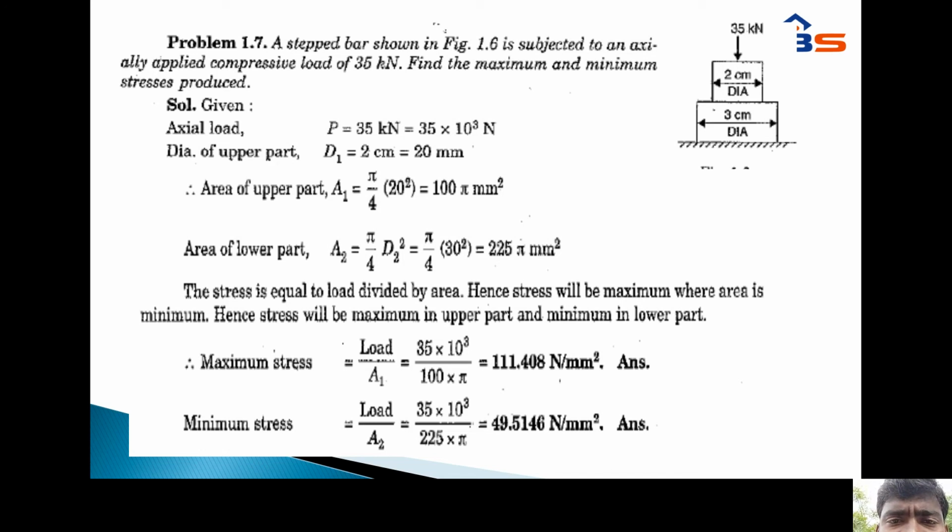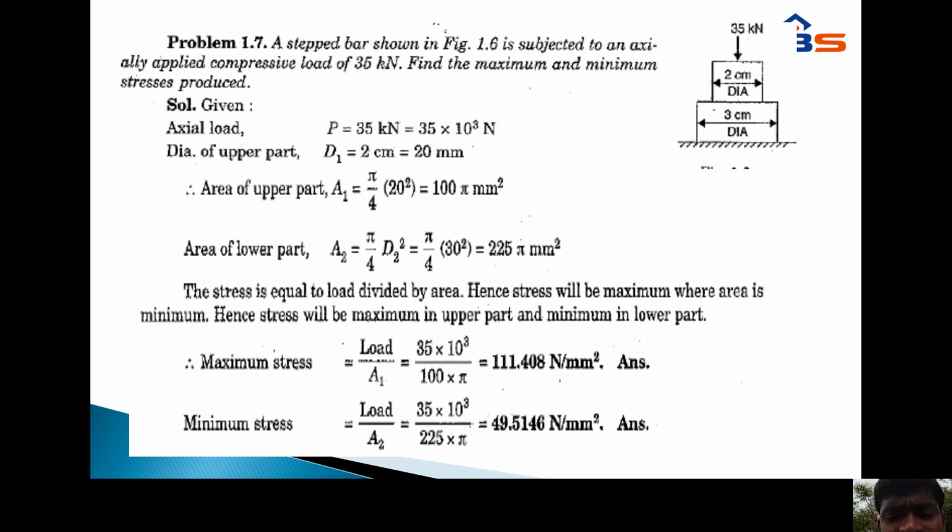As shown in the figure, there are two steps. The first step is 3 centimeter diameter. The next step is 2 centimeter diameter. The load applied is 35 kilonewtons. This load is a compressive load.